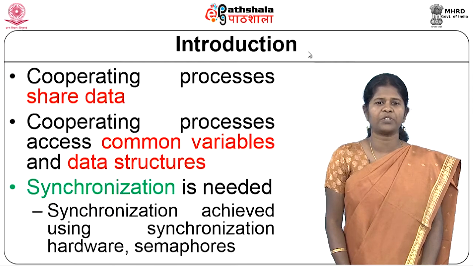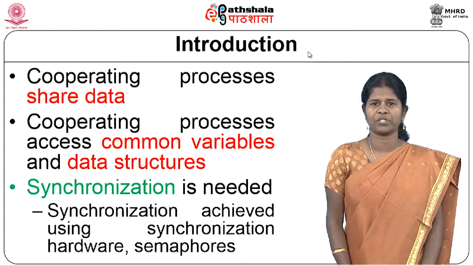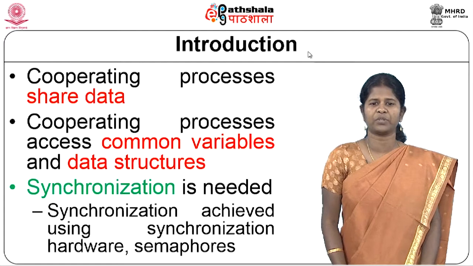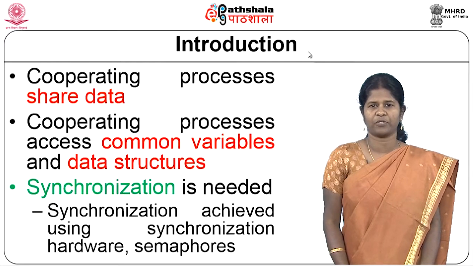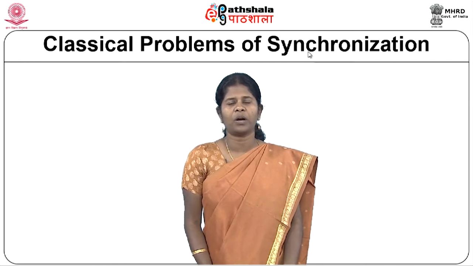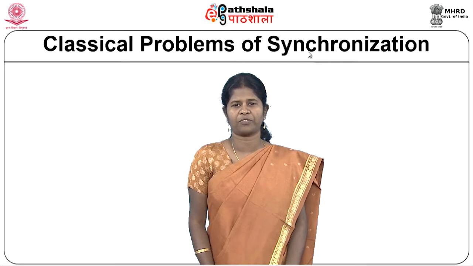It can be achieved through synchronization hardware, it can be achieved through semaphores. We have seen how synchronization is achieved through synchronization hardware and semaphores. And in today's class, we will see how these classical problems of synchronization are solved using semaphores.